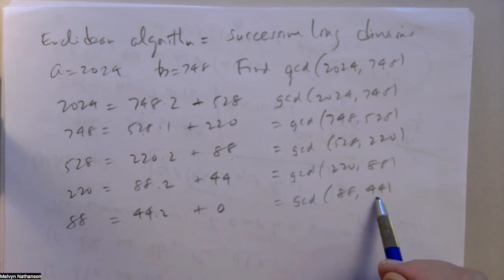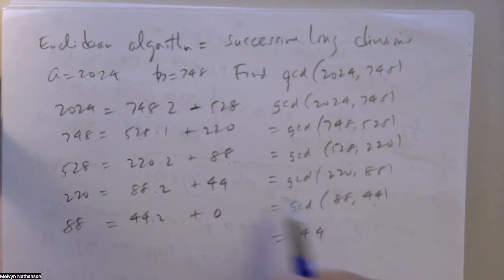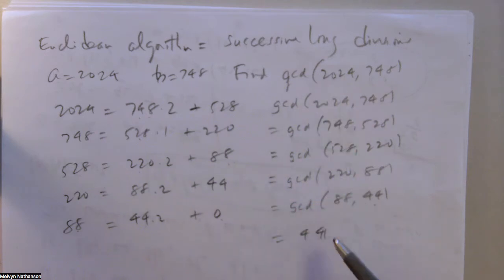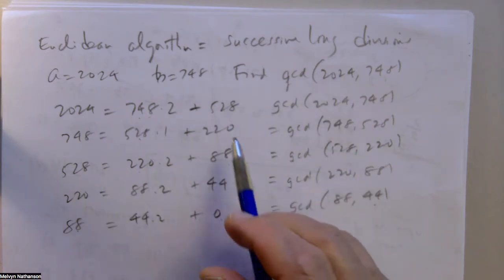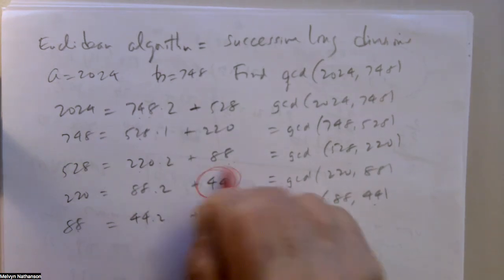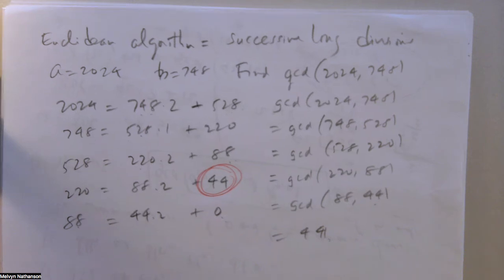And the GCD of 88 and 44, you divide 44 into 88, it goes evenly. There's a remainder of 0. So this is just 44. So the GCD of these two numbers is 44. It's exactly the last positive remainder in this sequence.